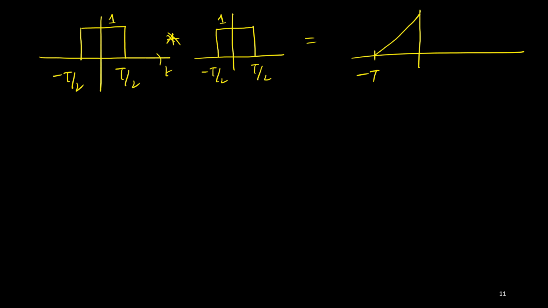And then again, as the overlap reduces, it becomes 0 at capital T. So the total area at t equal to 0, the overlap, is 1 times 1, which is 1, and with this capital T, so 1 into capital T is capital T.